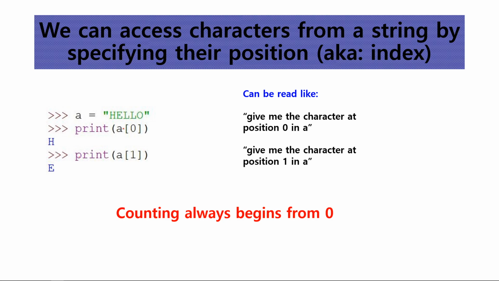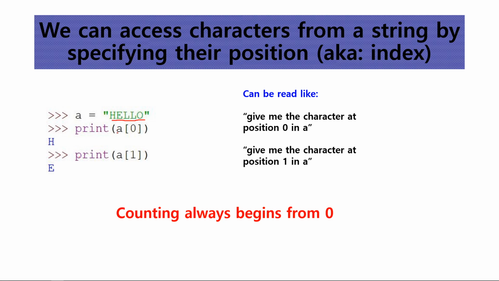First thing to know is if you want to access something from a string, then you will want to specify its index. Let's say now, for example, I have a, which is this word, and I want to print a certain character from this word. I don't want the whole word, I want a character. Now, if you want a character, of course, you have to tell Python where it is located, like where should I find the character you are looking for.